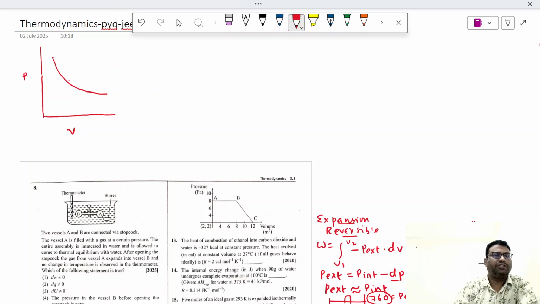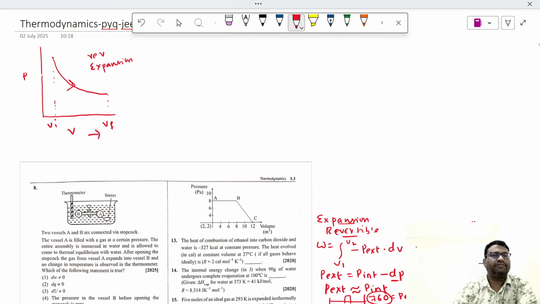Initial, if you draw an arrow like this, this is V initial, this is V final, right? So this will be reversible expansion.